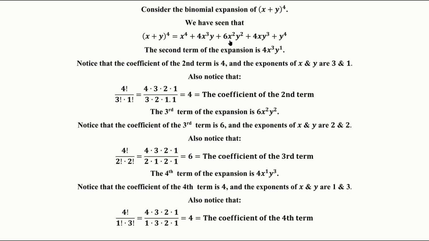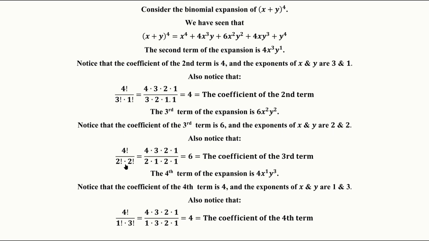Now, look at the third term of the expansion, 6x squared y squared. Notice that the coefficient is 6, and the exponents of x and y are 2 and 2. So again, on the top, I'm going to have n factorial, which is 4 factorial, and I divide that by the factorials of these two numbers.